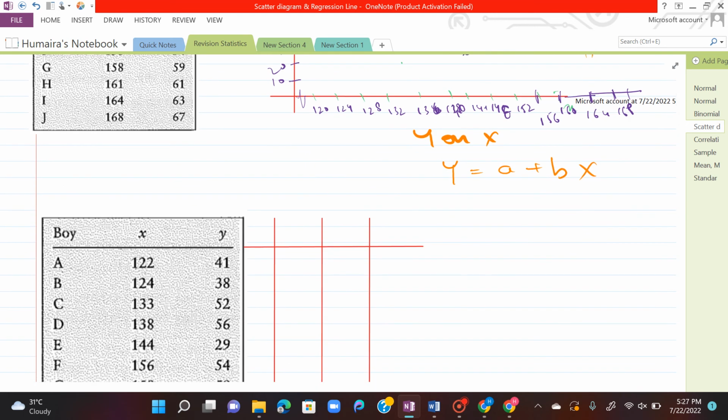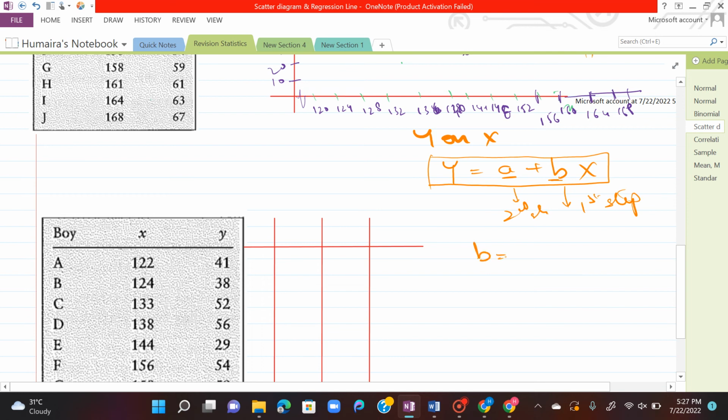Okay, now when we are asked to find the regression line, that means this is our task to find out the a value and b value. So remember, this should be your first step and this should be your second step. Okay, so how can I find the b value?